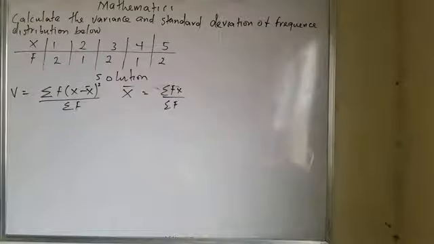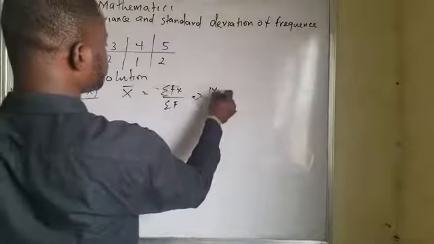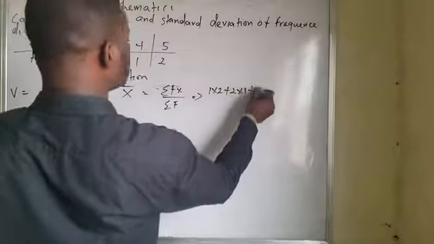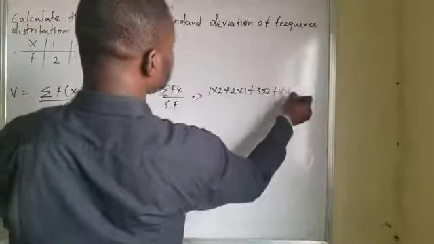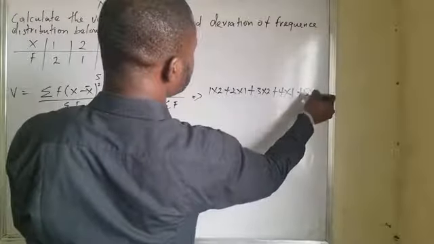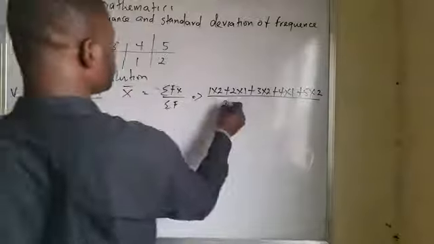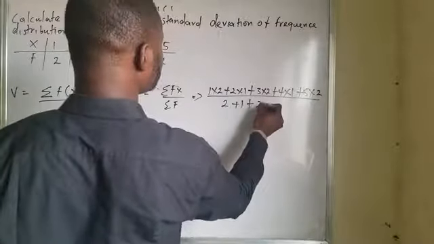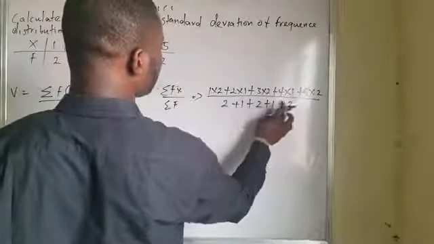That is 1 times 2 plus 2 times 1 plus 3 times 2 plus 4 times 1 plus 5 times 2, divided by the summation of f, which is 2 plus 1 plus 2 plus 1 plus 2.